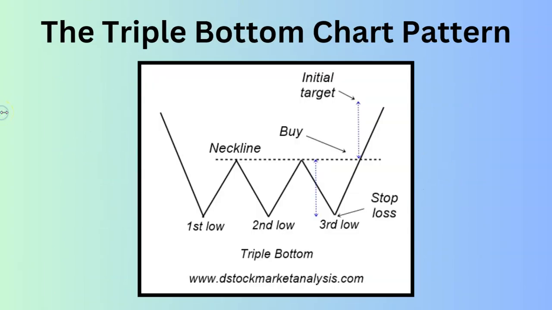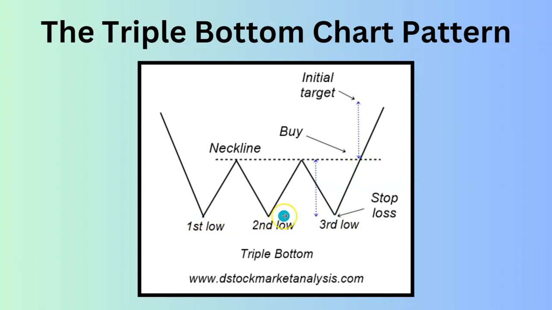Don't understand what this means? Let's go back to the image here. This is the triple bottom: first low, second low, third low. This is the neckline. The moment it trades above this neckline, you buy it and put a stop loss below the entire pattern, or whichever low is the lowest.